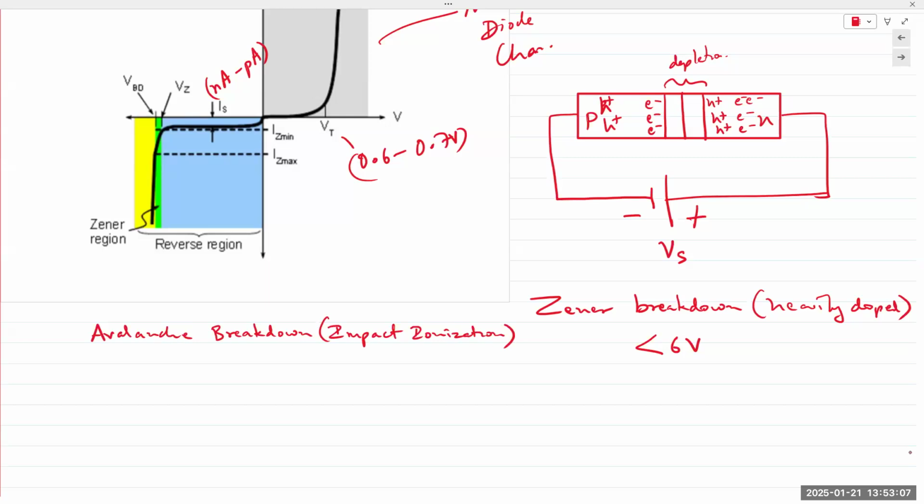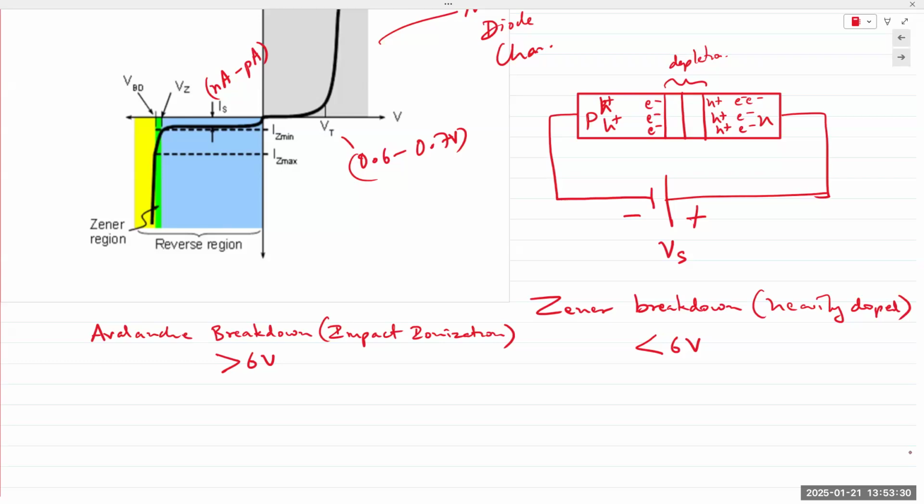This typically occurs when voltage is larger than 6 volts. And what happens there is that because of the external energy that is being applied by the voltage source Vs, the charge carriers acquire enough energy that they are scattering and moving around the lattice.